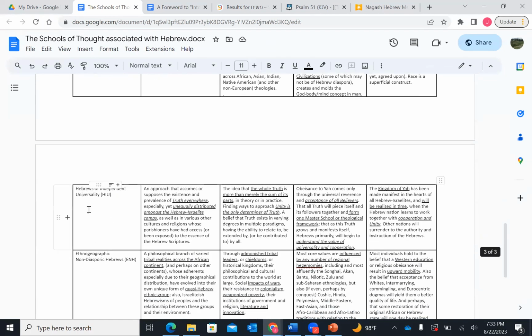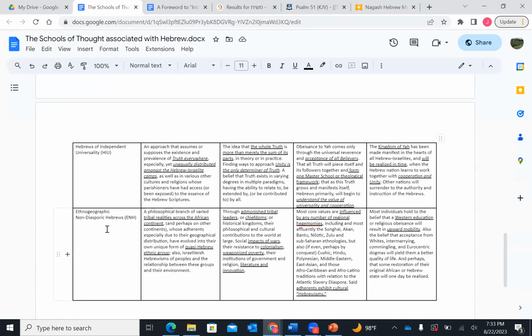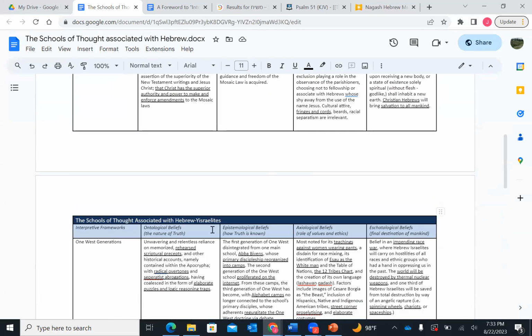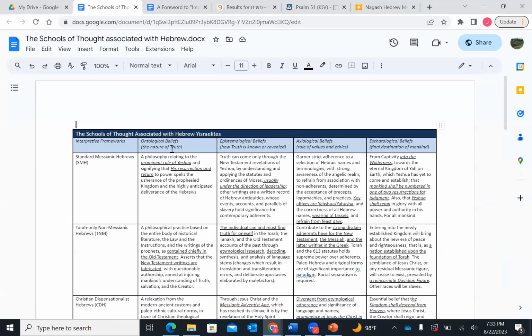Then you have African diaspora Hebrews, and I talk about their different beliefs and practices: ontological, epistemological, axiological, and eschatological beliefs. It's just a little document, good for reading. Is GAI in there? Greater Awakening Israelite Association, I'm not certain about all the letters.